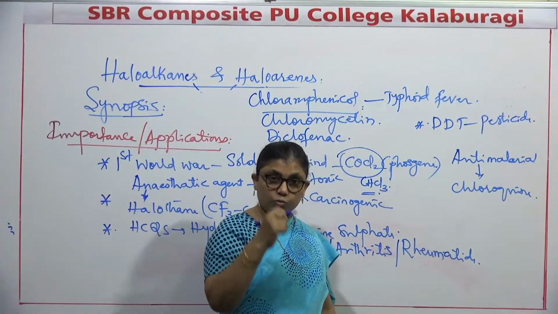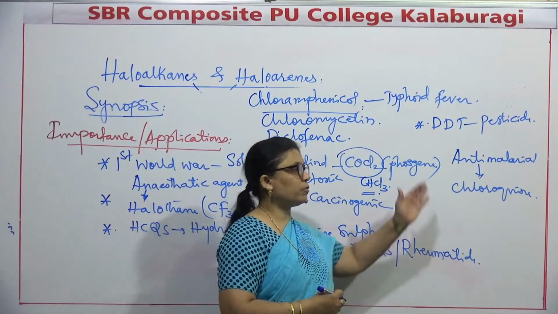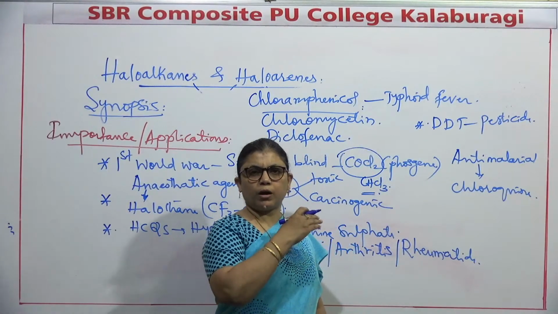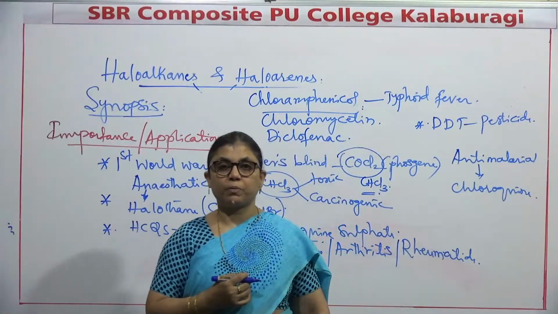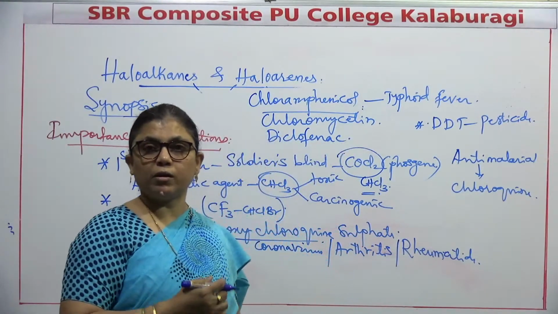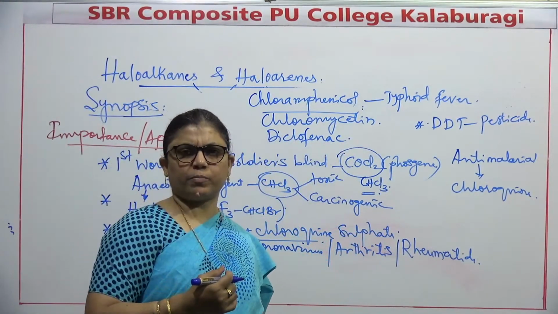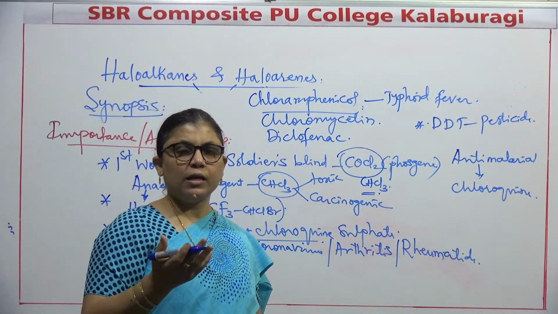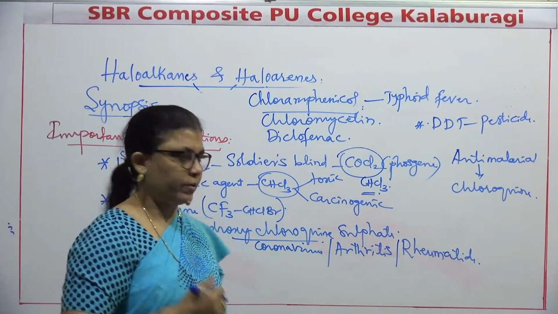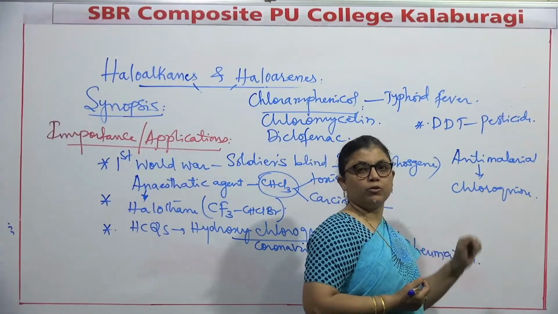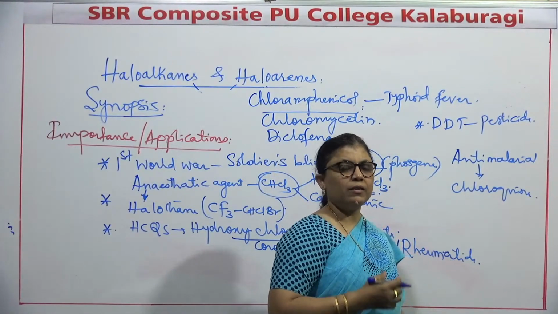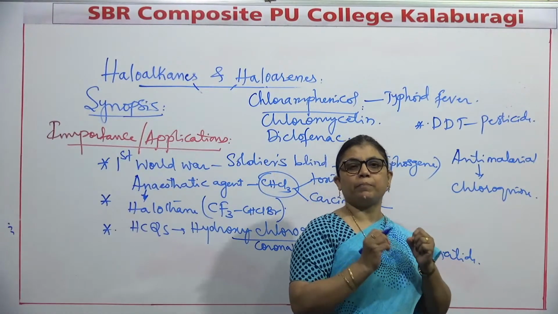Even though today also in South Africa they are using DDT, they spray it over a long range of forest, because South Africa has a major part of forest. Other than that, the anti-malarial drug chloroquine. I have listed out some of the applications.